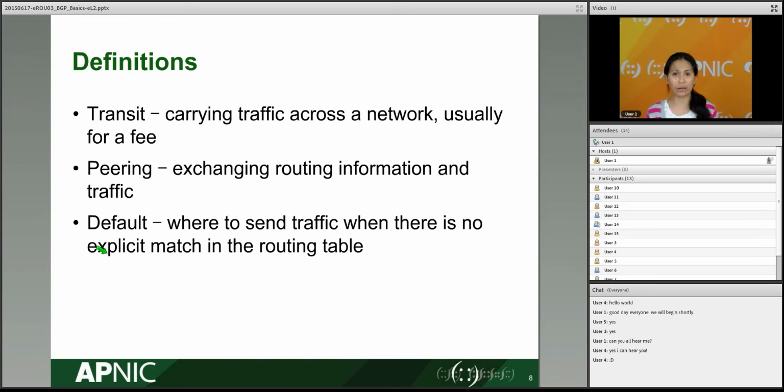Let's say, for example, you have two ISPs, ISP A and ISP B. With ISP A, you have a customer, and he's sending data going to another customer, which is in ISP B. So how soon will my data get to ISP B's customer? How many hops will it take?